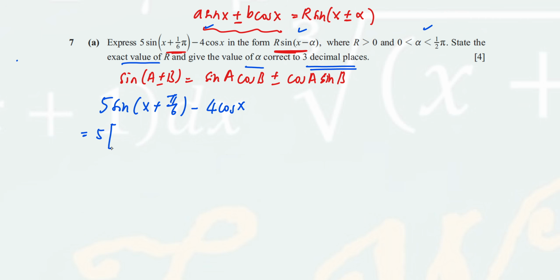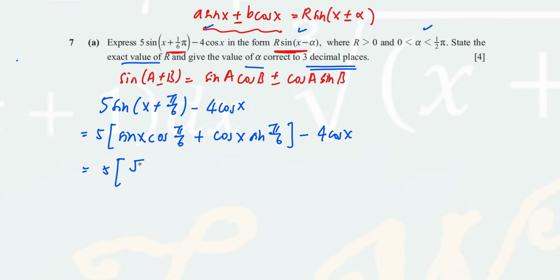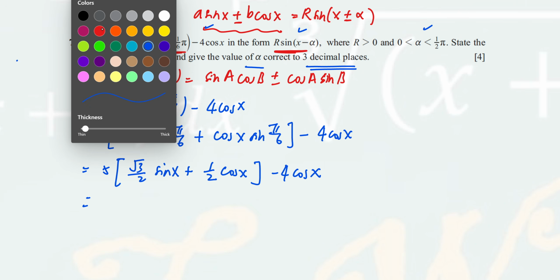So this is going to be 5 times sine x cos pi over 6 plus cos x sine pi over 6 minus 4 cos x. Now, cos pi over 6 is basically square root 3 over 2. Sine pi over 6 is half.